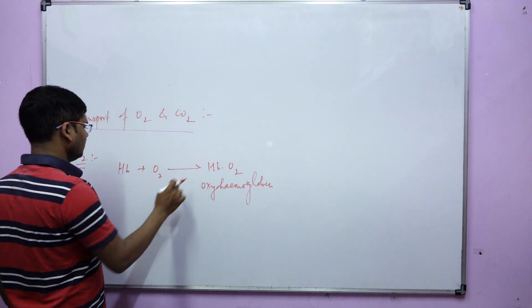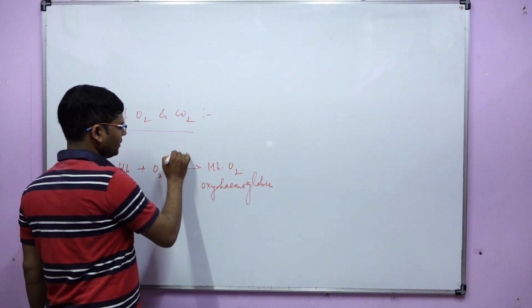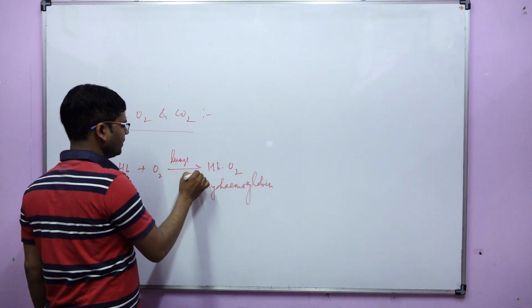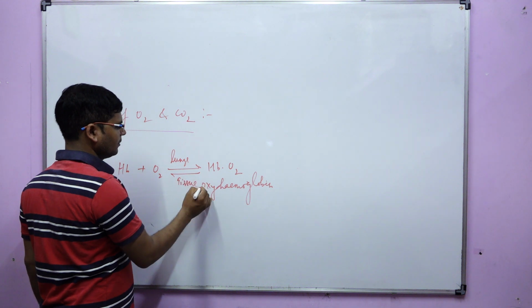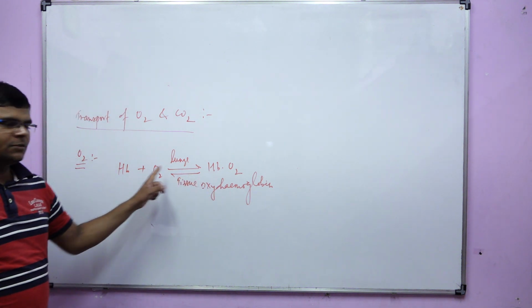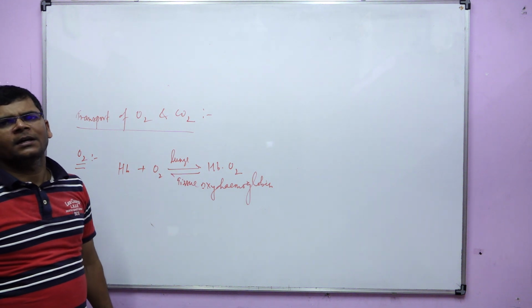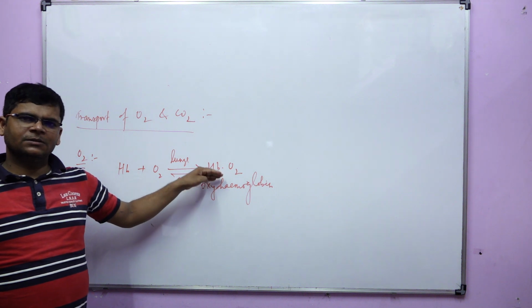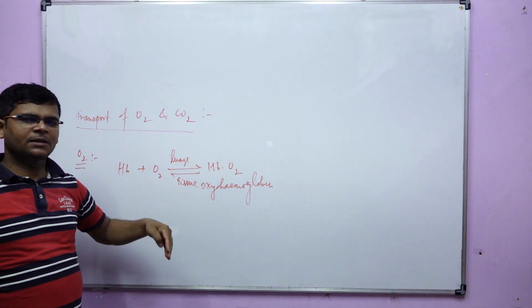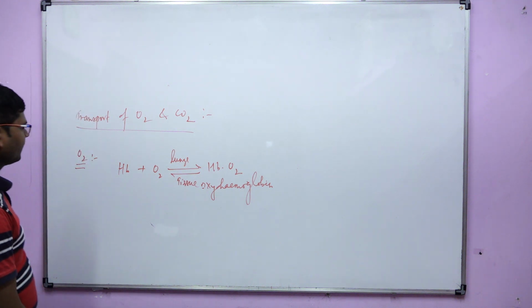So in the lungs it combines, and at tissue level of our body it dissociates again. It is just a reversible reaction, and it's very temporary. At tissue level oxygen is released, hemoglobin remains in the blood and is brought back, and further it brings more.